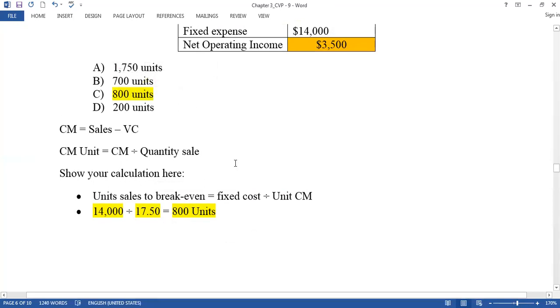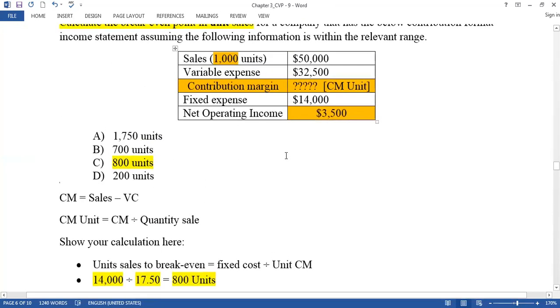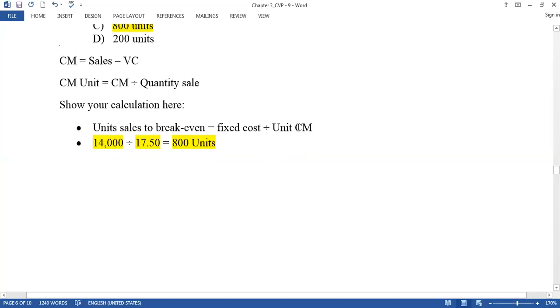So do you understand? The same question I can ask you: what is the amount of sales dollars? Then what is the formula? The formula is fixed cost divided by CM ratio.